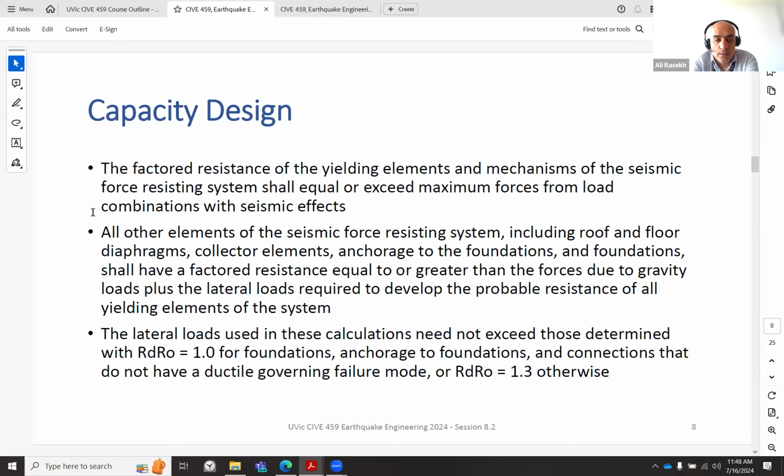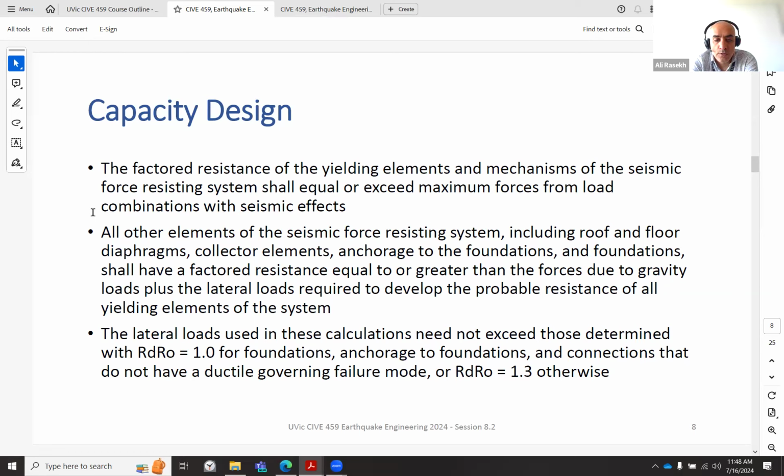Then every other element should be designed for the seismic load that the ductile members can take. All other elements of the seismic force resisting system, including roof and floor diaphragms, collector elements, anchorage to the foundations, and foundations, shall have factored resistance equal to or greater than the forces due to gravity loads plus the lateral loads required to develop the probable resistance of all yielding elements.